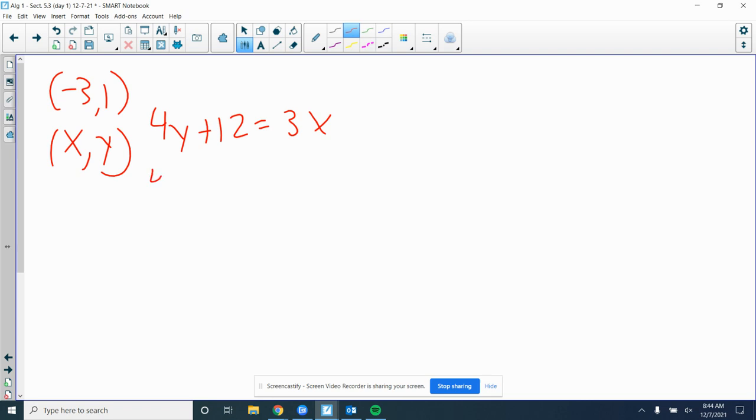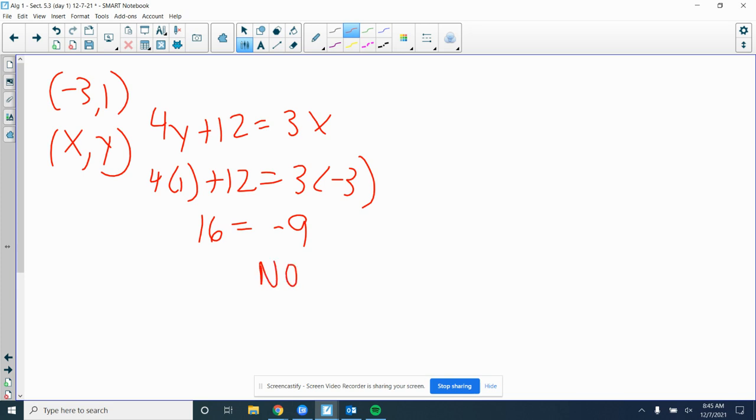So it'll be 4 times 1 plus 12 equals 3 times -3. Okay, what's 4 times 1? 4 plus 12. 16. Okay, 16. What's 3 times -3? Is that true, guys? No. So it's not a solution. Remember, it has to satisfy what, guys? Both of them.